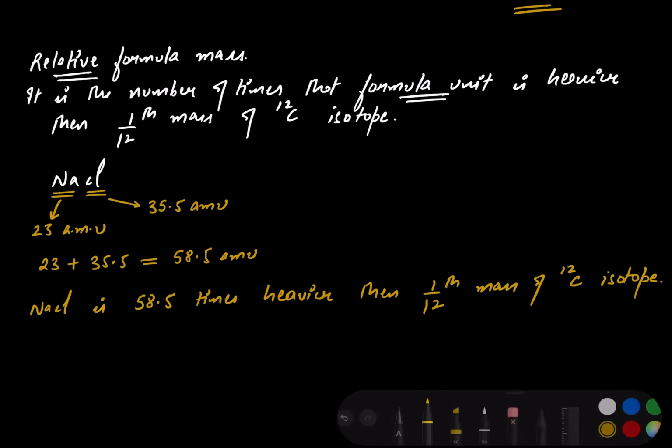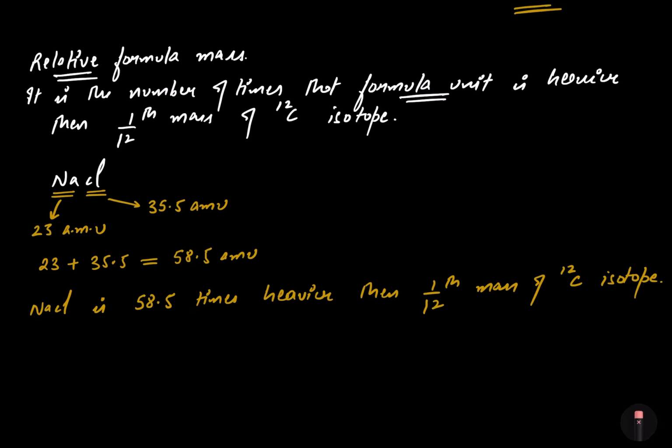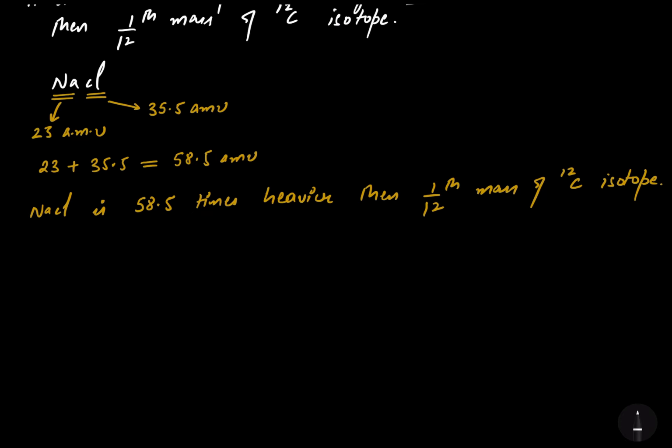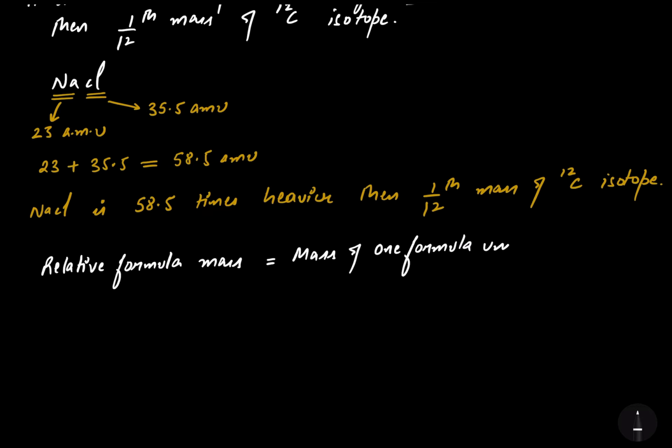So let me write it in a formula way. Relative formula mass is equal to mass of one formula unit divided by 1/12 mass of carbon 12 isotope.